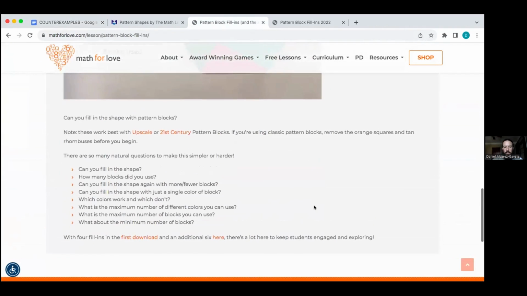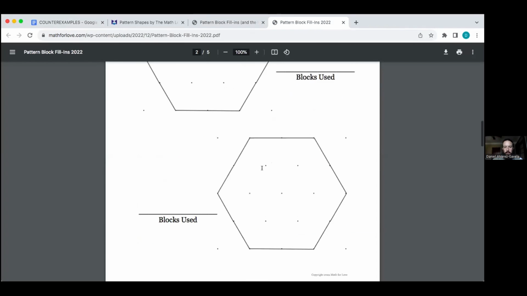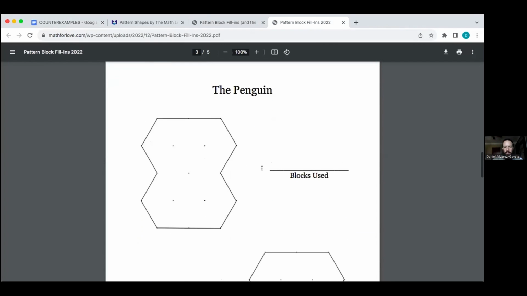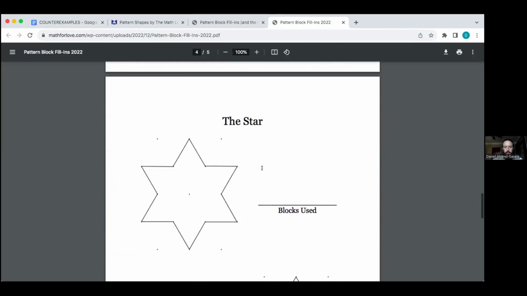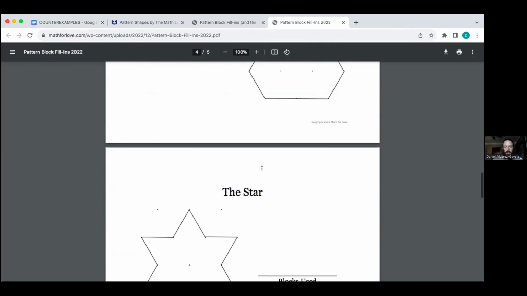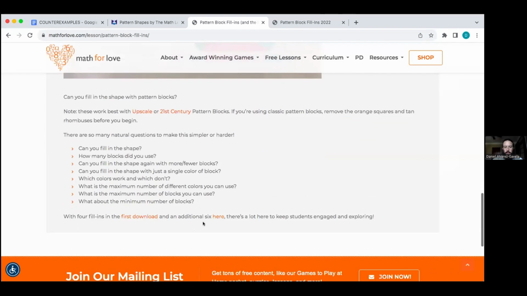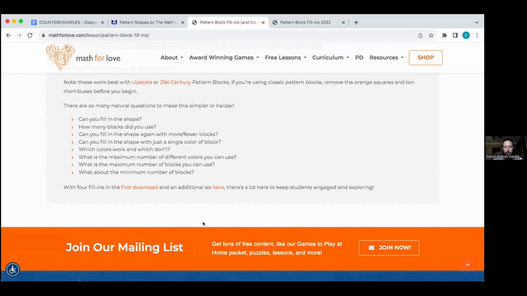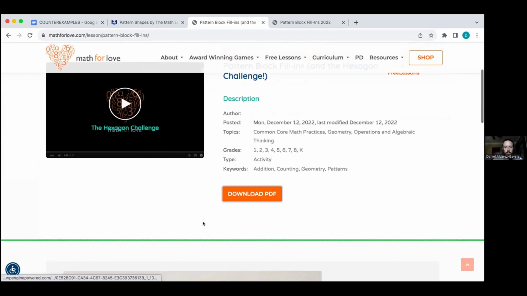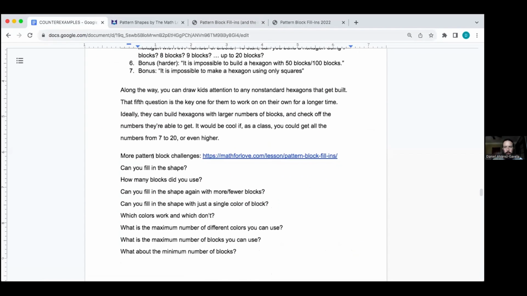The challenge that it gives you is to fill in certain shapes with blocks. So this seems like another fun activity that you could do with the student. So I just linked that there in the sheet for you to look at if you're interested. But it all sounds like fun stuff.